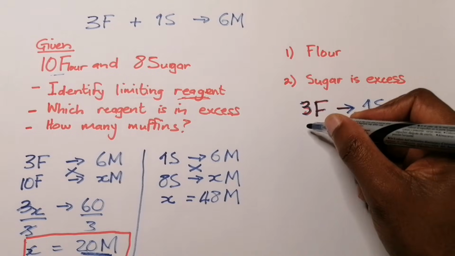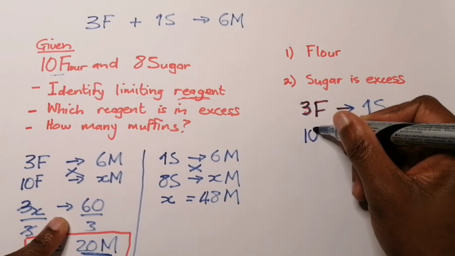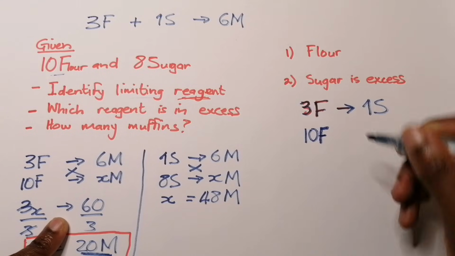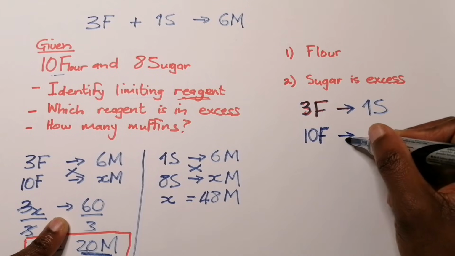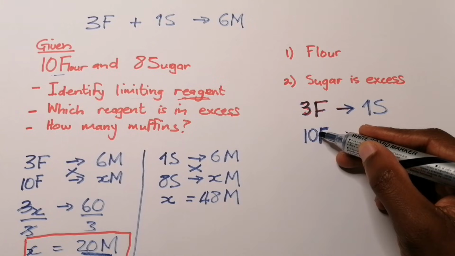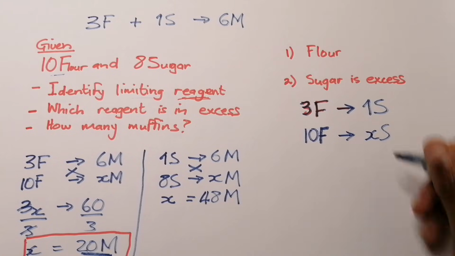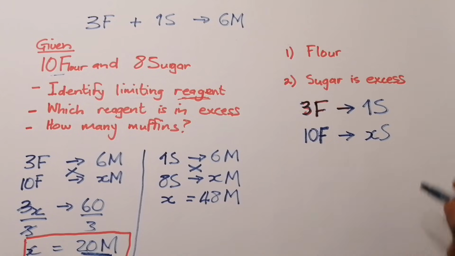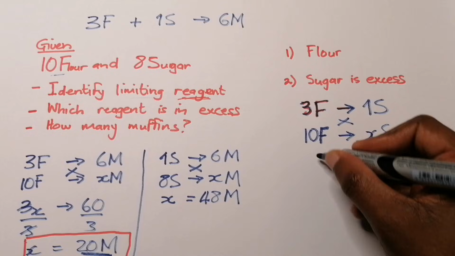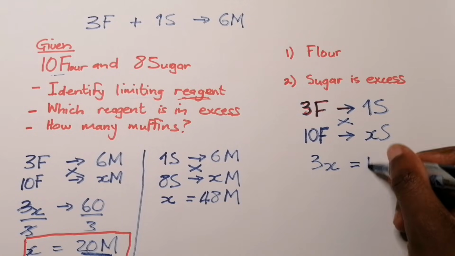So my question is, if I use all the 10 cups, remember that's my limiting reagent. We always use the limiting reagent to find out all the other substances in a reaction. If I use 10 cups of flour, how much sugar am I going to need? Let's cross multiply once again. x multiplied by 3 gives me 3x. 10 multiplied by 1 gives me 10.